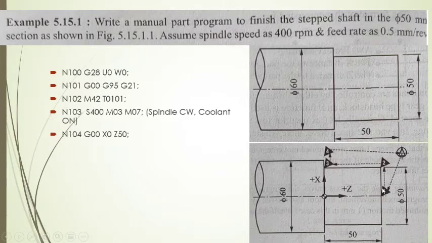G01 will be followed by the movement coordinates. Because the tool is moving only in x direction, that can be specified by X50. 50 is the diameter at this particular point number 2. This F0.5 indicates the feed rate, that is always there whenever G01 is used for the first time.